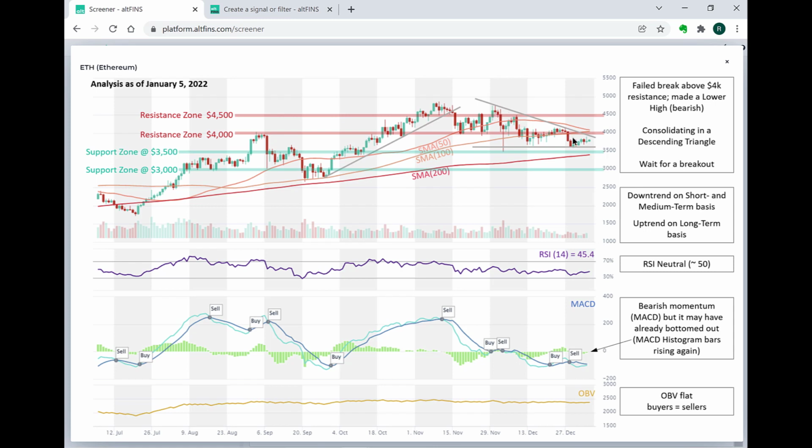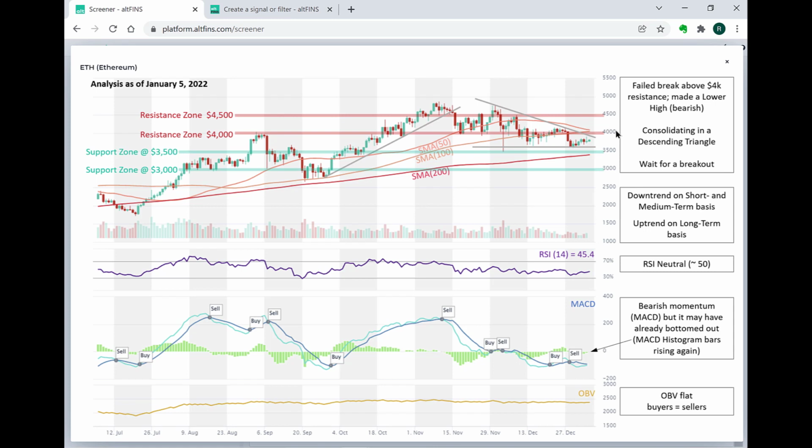Clearly not a good indication, but this could very well be just a consolidation in a long-term uptrend, which we indicate that on a long-term basis it remains in an uptrend, even though the short-term and medium trend are bearish. So now we have formed this descending triangle, and we are nearing the tip of that triangle. So we are getting close to a breakout.